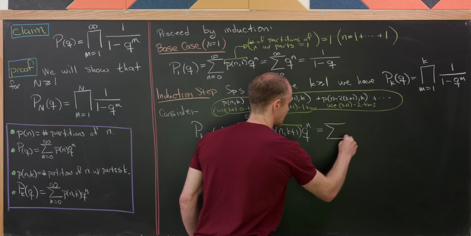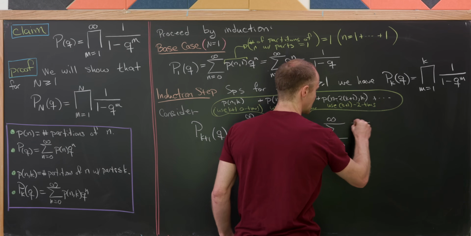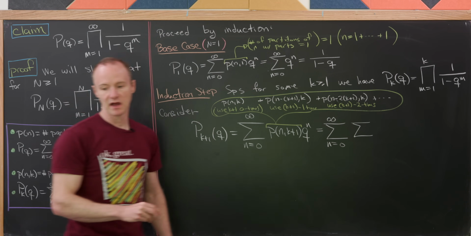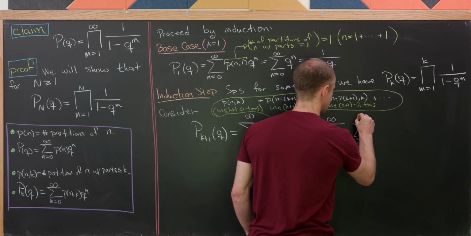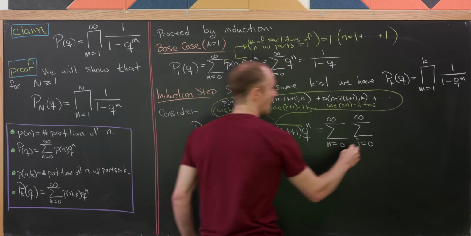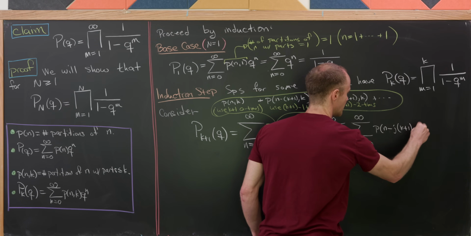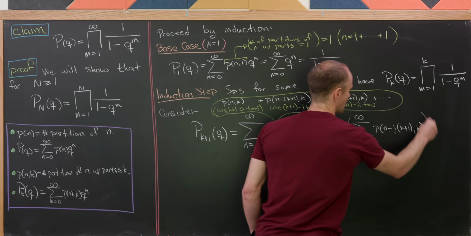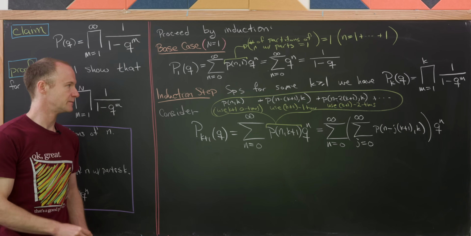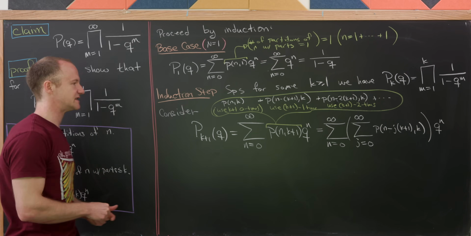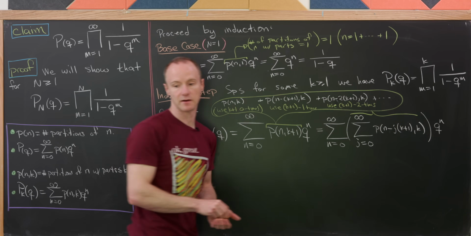So we're going to write this as the sum as n goes from 0 up to infinity. And then inside of this sum, I'm going to write this as the sum as j goes from 0 to infinity of p sub n minus j times k plus 1 comma k. And then all of this whole sum is multiplied by q to the n. So observe that what's happening in this yellow circle is all being put into this inner sum.